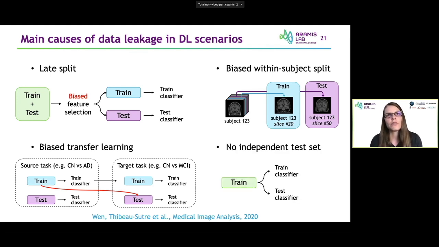And I could have started with the simple absence of an independent test set. The test set really should only be used to evaluate the final performance of the classifier, not to choose the training hyperparameters. For that, you need to use a separate validation set to optimize your hyperparameters.